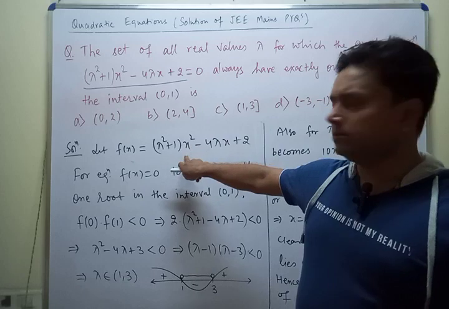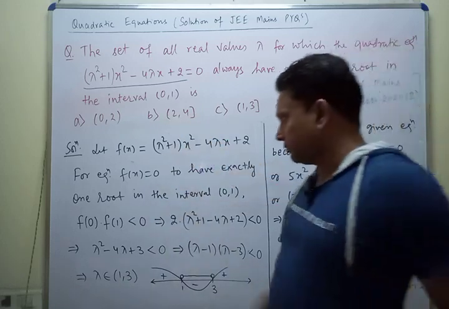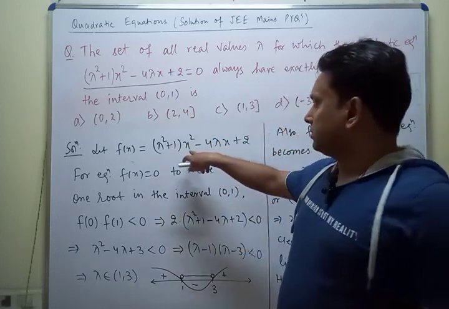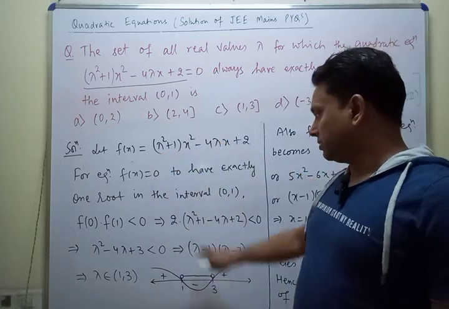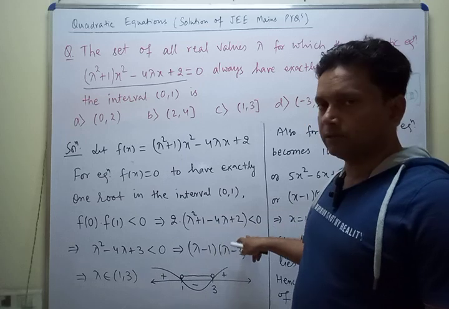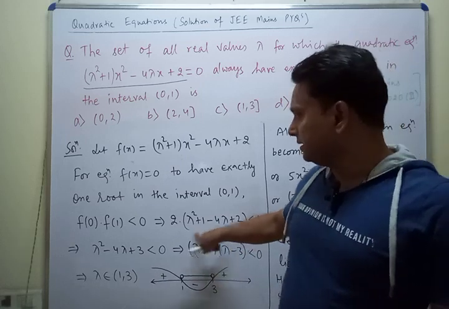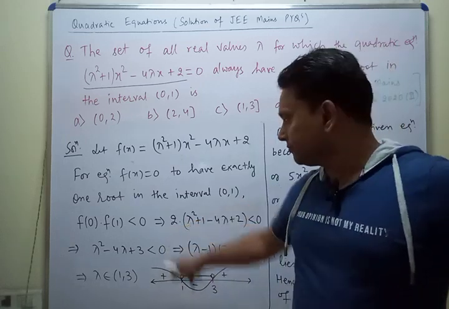Sorry, x is equal to 1, not lambda. By mistake, I started putting in lambda. So x is equal to 1, then lambda square plus 1 minus 4 lambda plus 2, less than 0. This is your f(1) and this is your f(0), right?